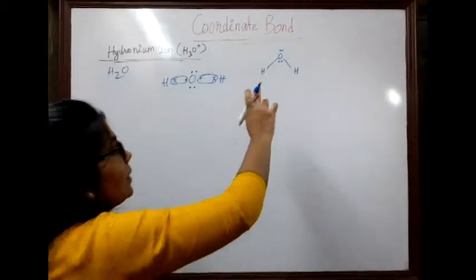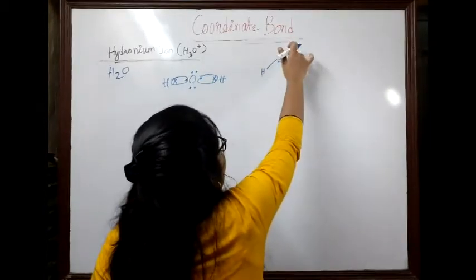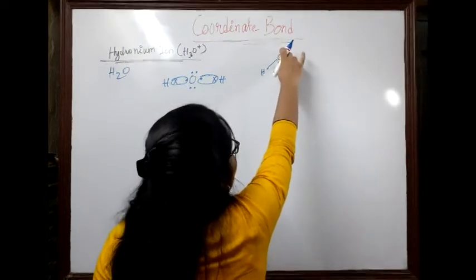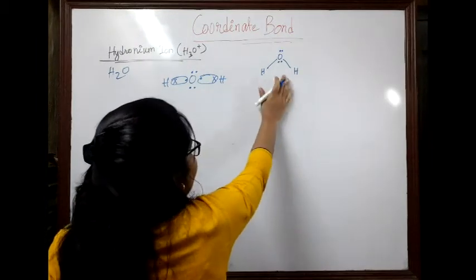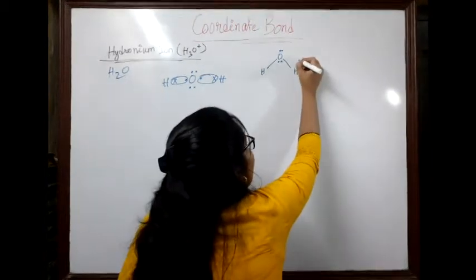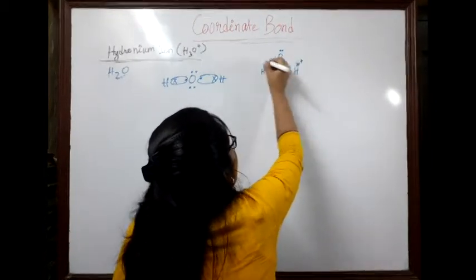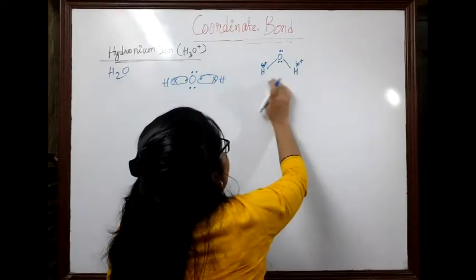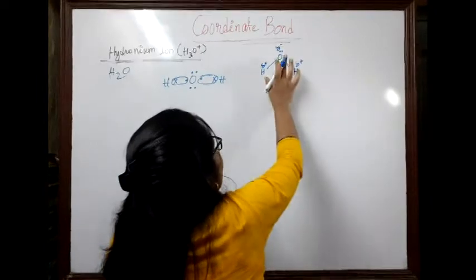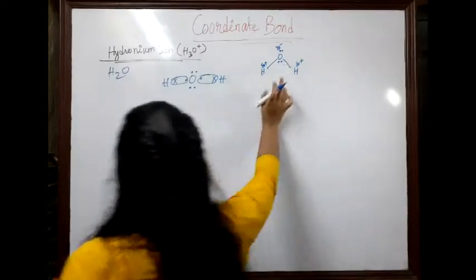There are two lone pairs, but that H plus ion is accepting one pair of electrons. In the water molecule, as this is polar, there is a slightly positive charge on the hydrogen and a slightly negative charge on the oxygen.